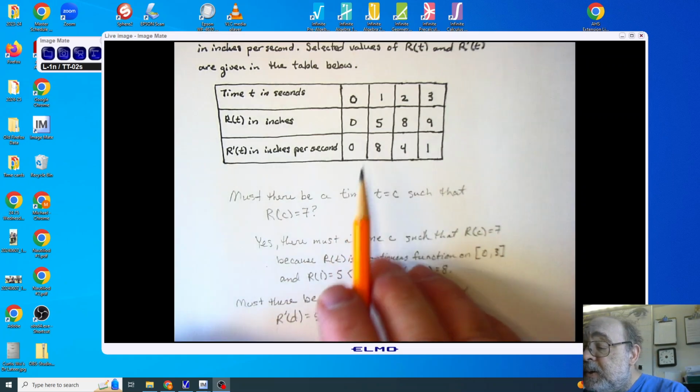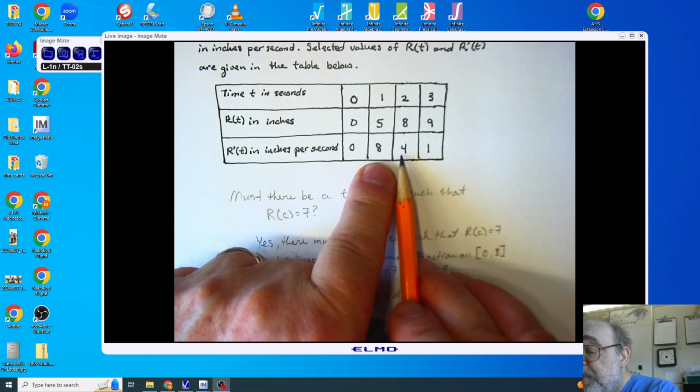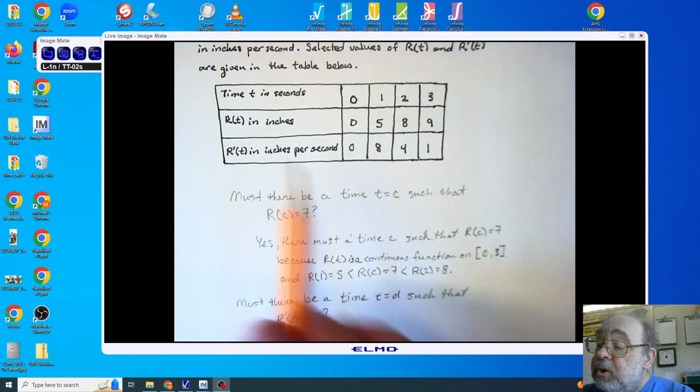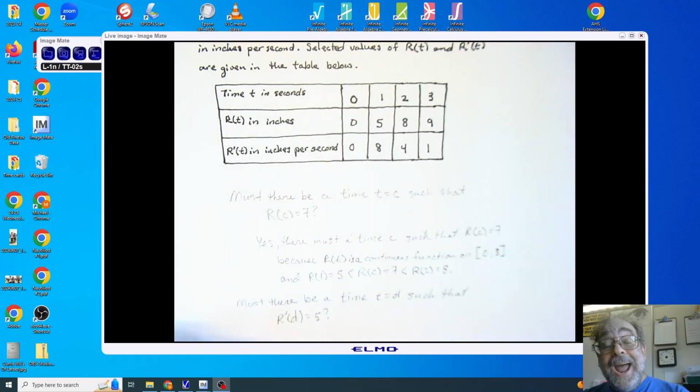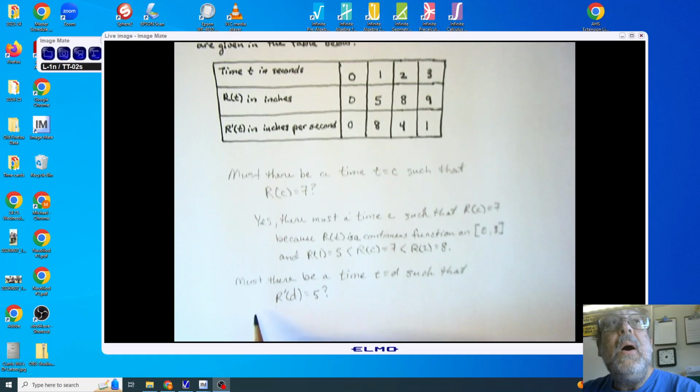Well, when I'm looking at this, you'll notice I have an 8 and I have a 4. And therefore, by IVT, since this function is twice differentiable, the first derivative has to be continuous, just like the original function r of t is continuous, and it's differentiable over all of the values, I would say yes, and now I'm going to repeat this.